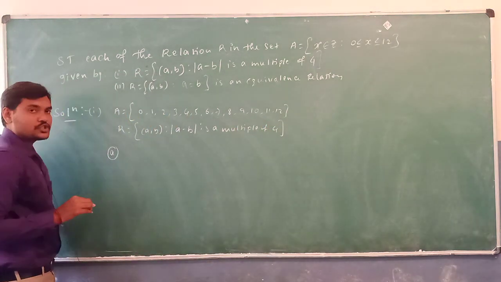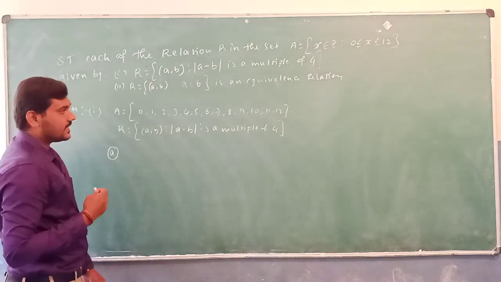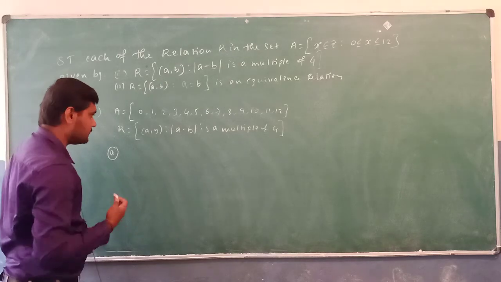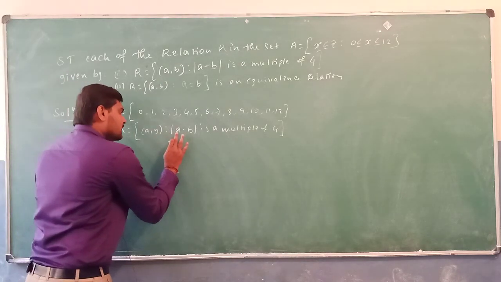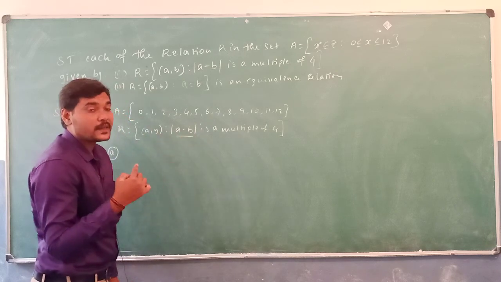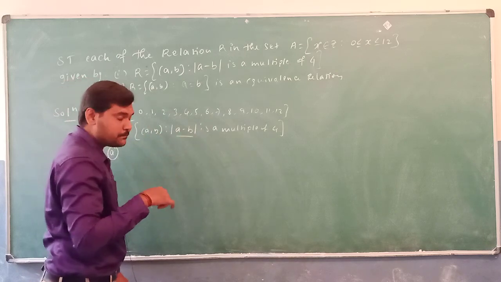Let me explain the first one, (a): to show the given relation is a reflexive relation. Here in the place of b we just substitute the value of a.